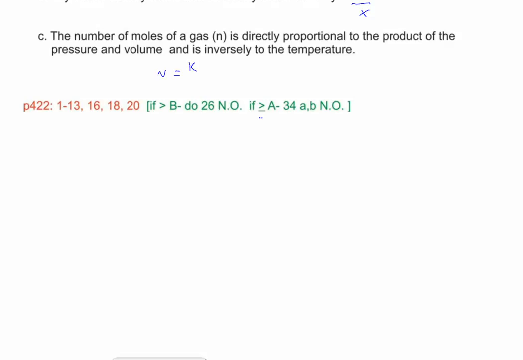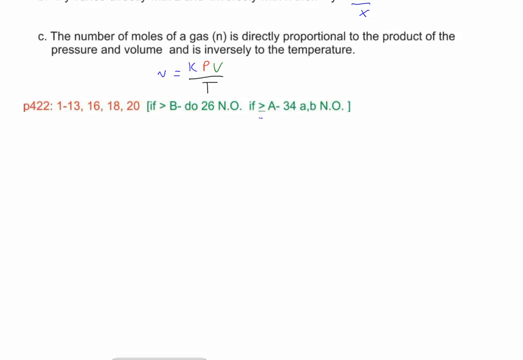Directly proportional to the pressure, which I'm going to put as a P. Directly with volume. Does the volume go top or bottom? Directly, right, top. And inversely with the temperature, so the temperature's got to go in the bottom.